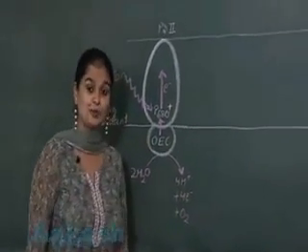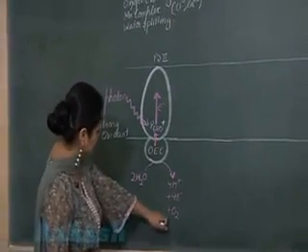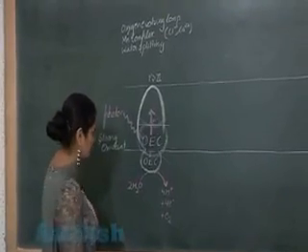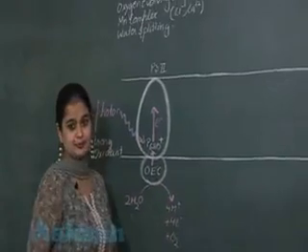You know this very well that one of the byproducts of photosynthesis is oxygen, and this oxygen is released in the thylakoid lumen.